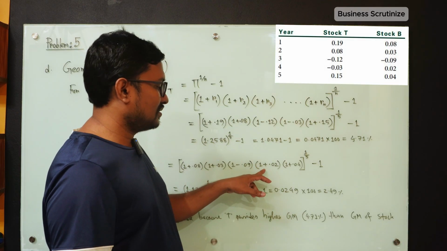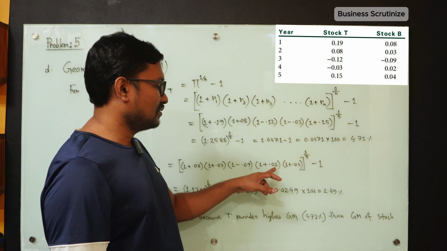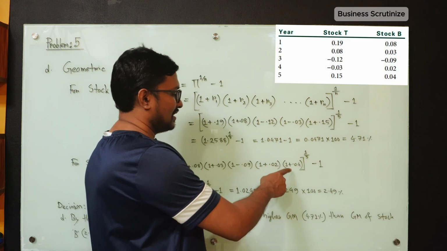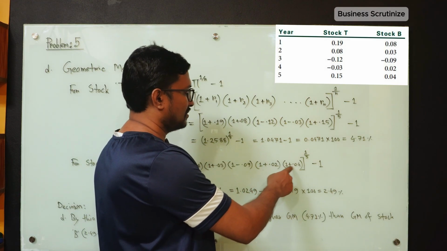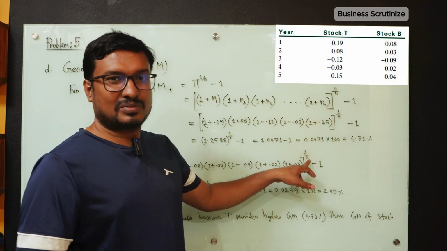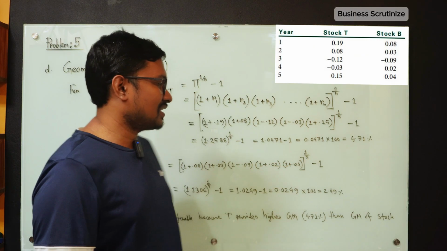The fourth year it is 1 plus 0.02, and the last year it is 1 plus 0.04. We have a total of 5 years, so we write 5 here, then we subtract 1.